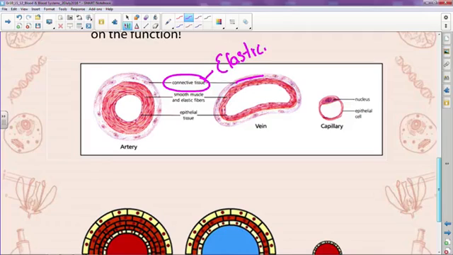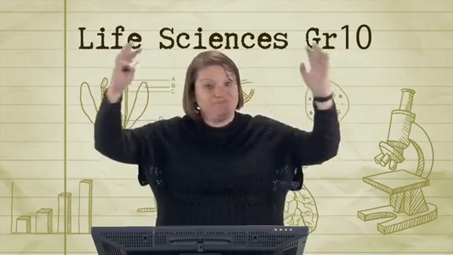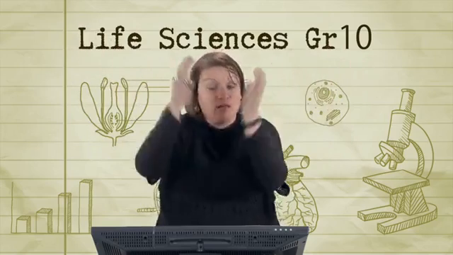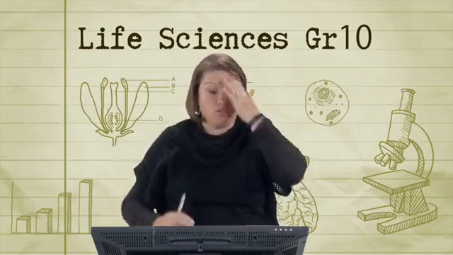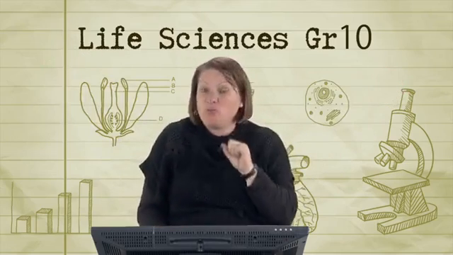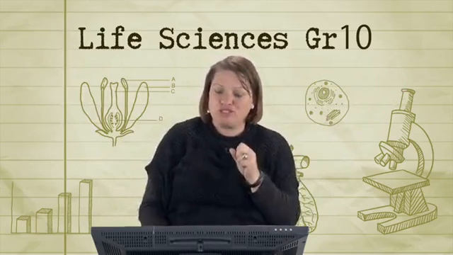Well, when blood is rushing through an artery, what does my artery need to do? It needs to stretch. So what does an elastic band do? It stretches, then it returns back to its position. So we need those properties in my blood vessels. I need them to stretch.